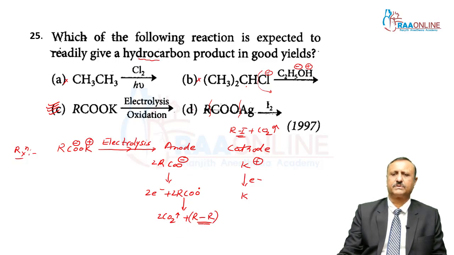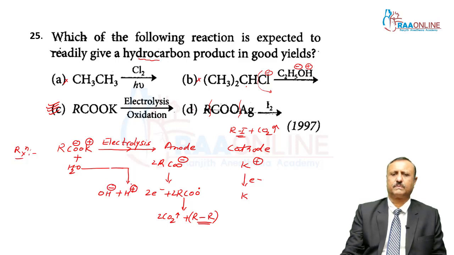Here, my dear students, at the anode, RCOO minus ions give electrons. In this way, if this potassium salt is dissolved in water, you can get the OH minus ions and H plus ions.